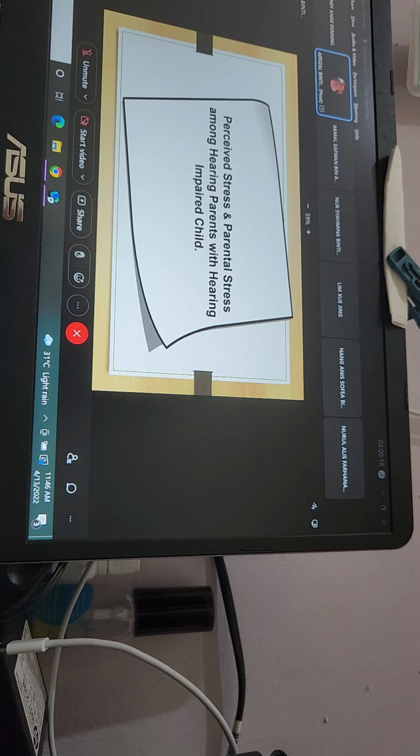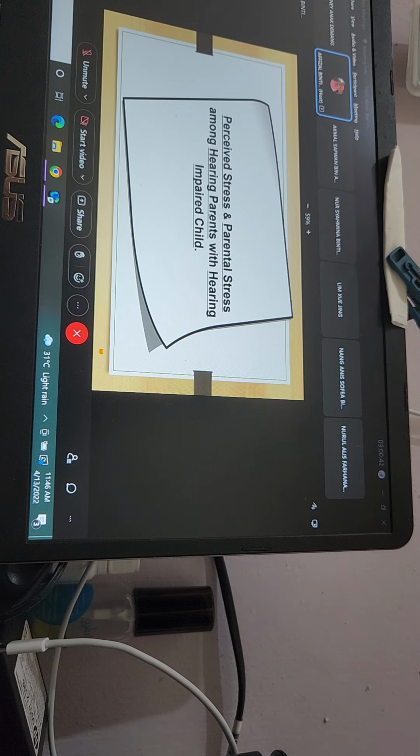Okay, this is a study that was done by my previous student a long time ago. He wanted to study perceived stress and parental stress among hearing parents with hearing impaired children. Look carefully. The title is long but very clear. The first thing he wants to study is perceived stress. The second variable is parental stress. Who is the participant?